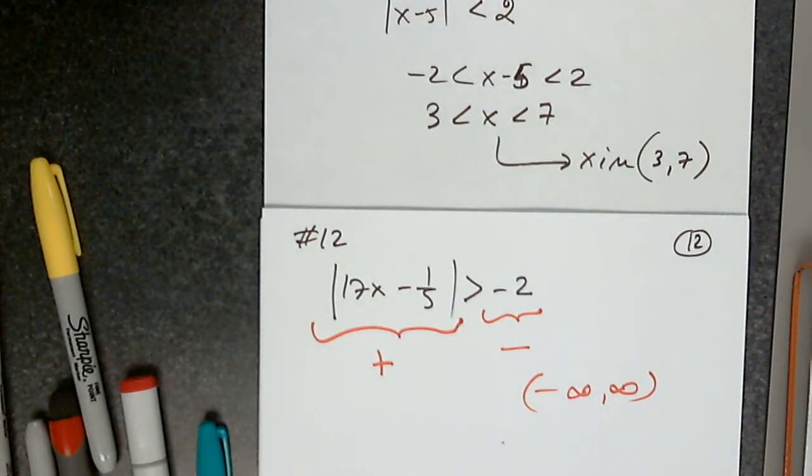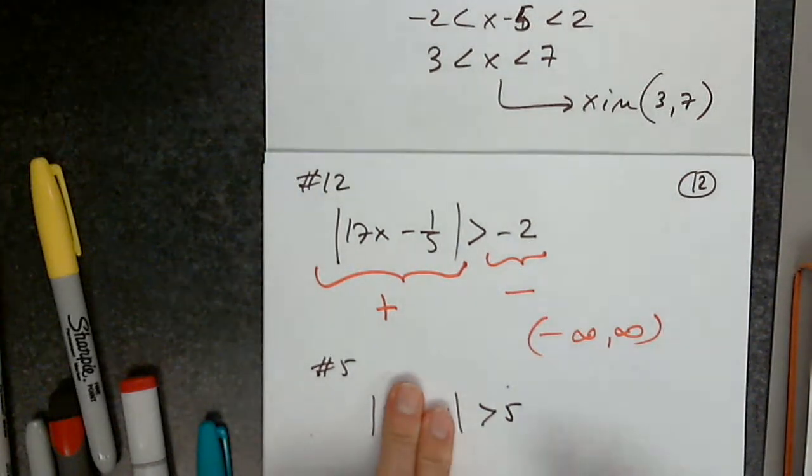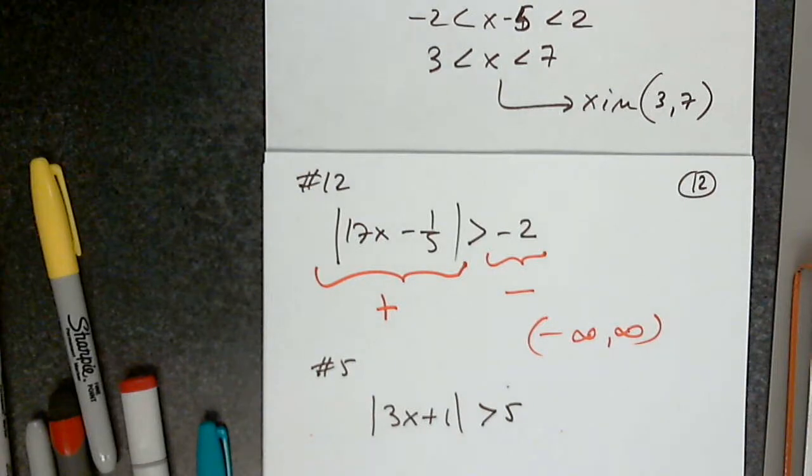Okay, let's look at one more. Like, for example, 5. Have the absolute value of 3x plus 1 greater than 5. Now, let's think for a minute. I'm asked to find these numbers, whatever they are, whose distance from 0 is more than 5 units.